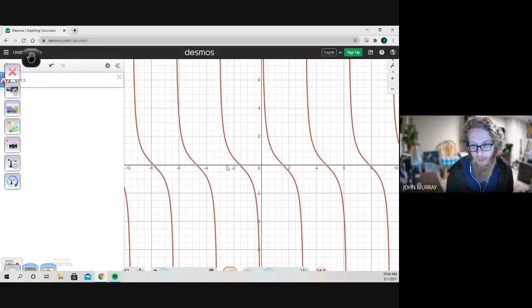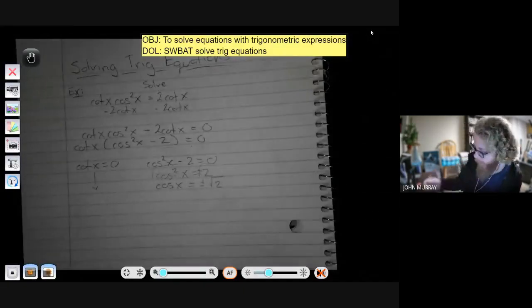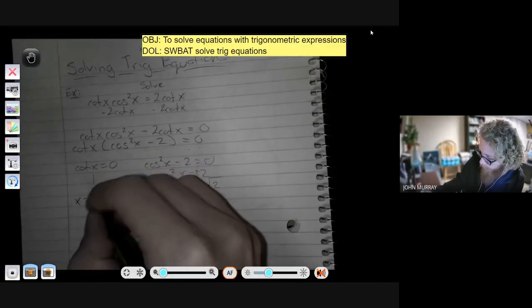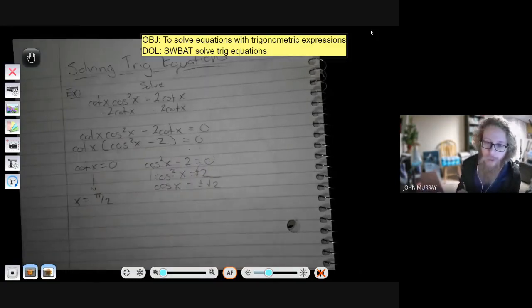Well, we have a lot of spots that equal 0, but always look for the most simple. So over here, this would probably be the most simple answer. So when x is pi over 2, the cotangent is 0. So from cotangent of x equals 0, I get x equals pi over 2.